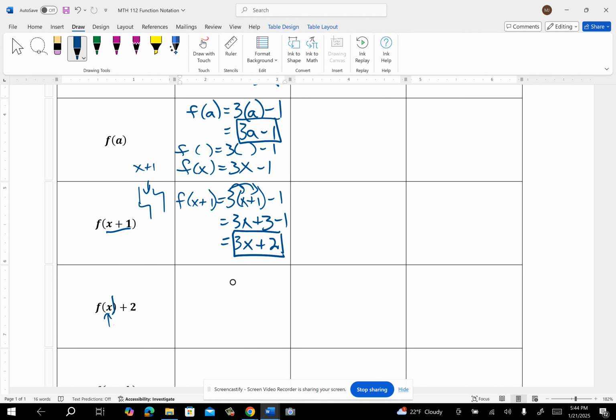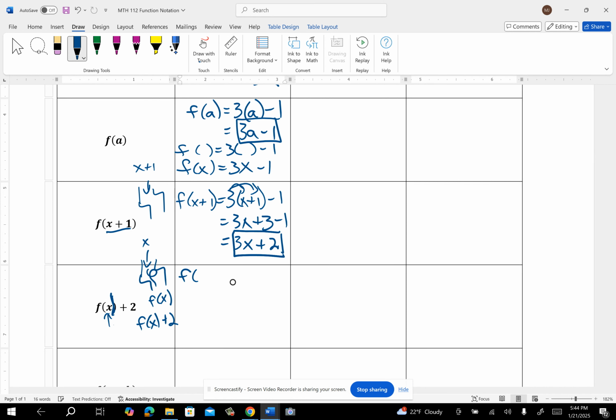All right, now, you need to understand the difference between f of the quantity x plus 1 and f of x, where I close the parenthesis and then add 2. What's happening here is x is going in at the start. Then f acts on it and the output comes out, and then after it comes out, I add 2. Okay?